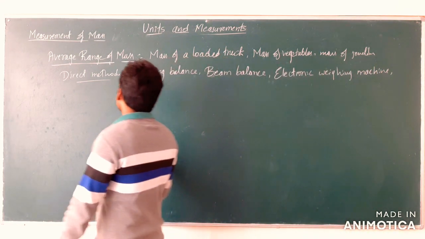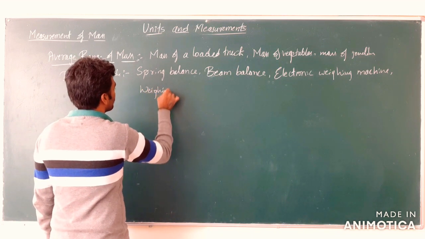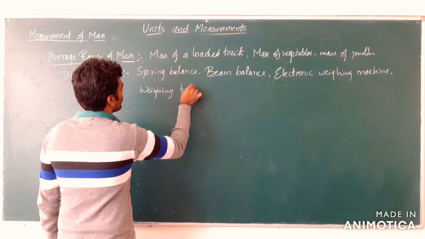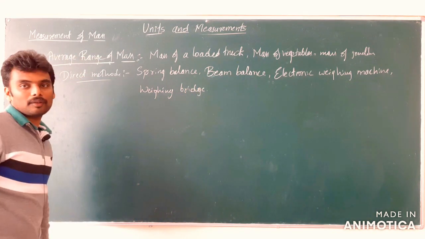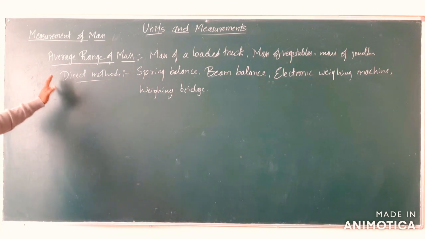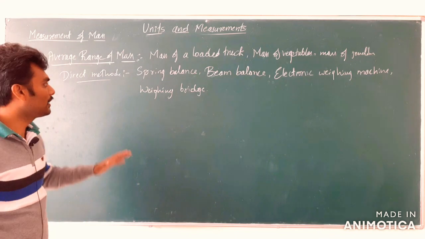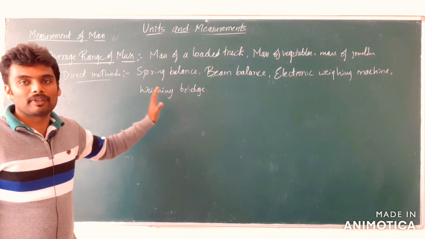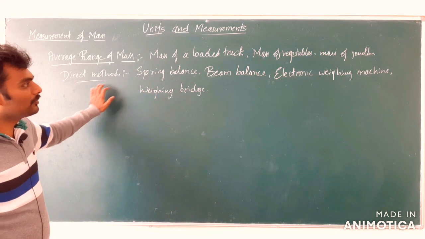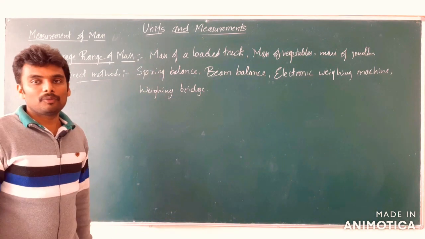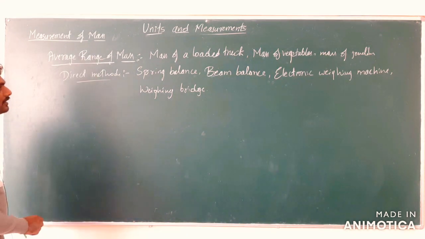And the other thing is weighing bridges. A weighing bridge is also a setup or apparatus that we use to measure the average range of mass, only the average range, using the direct method. These all belong to direct methods used to measure different objects like this. Clear? So this is about the average range of mass.